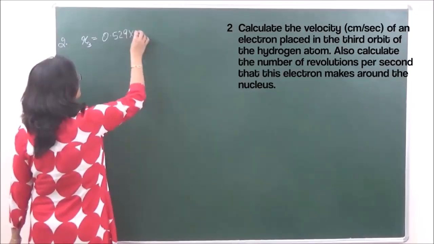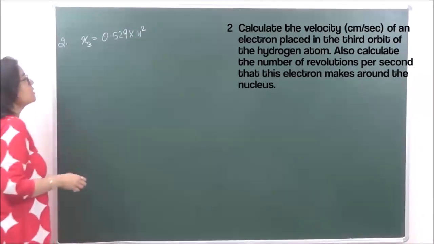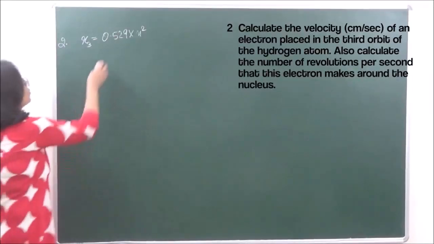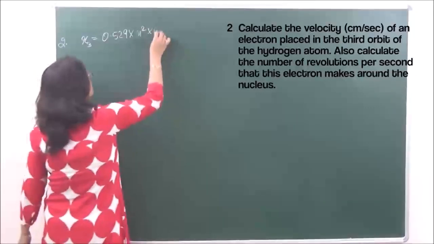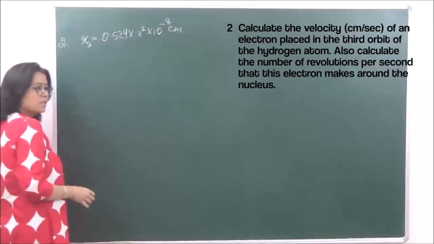0.529 into n square. Okay. So this is in what? 0.529 Angstrom. Okay. So if you want to convert it into centimeters, that will be 10 raised to power minus 8 centimeters.